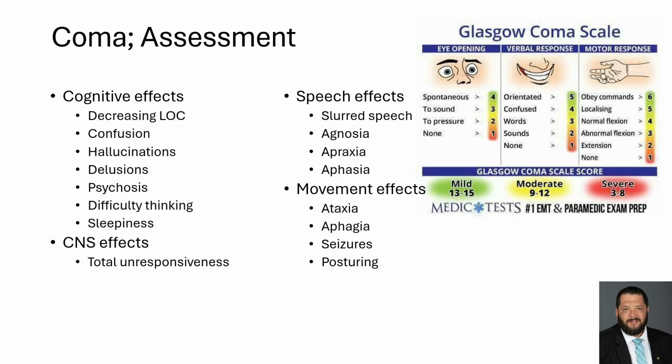If you think of a vampire sleeping, this would be normal flexion and would be a 4. Abnormal flexion or extension, so where the hands are turned outward and sort of moved away from the midline of the body. We call that decerebrate posturing, and that would be a 3. Extension would be 2, and then no motor movement would be 1.